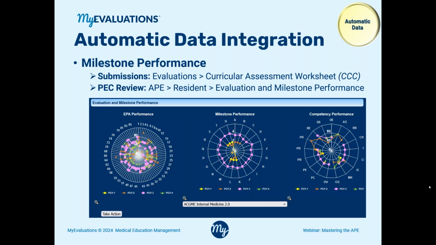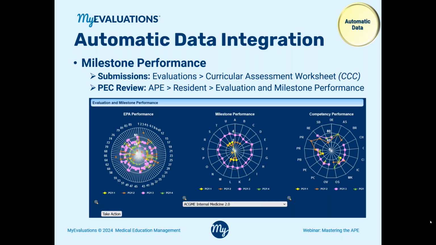For programs like family medicine, your sets of EPAs are also included, and we're also providing milestone performance tracking on that. So in the middle, where I've now selected ACGME internal medicine as the default, for family medicine programs, you'll have additional options to choose your family medicine related categories in there as well. And for family medicine, we're tracking the 24-25 requirements separate from 25-26, and then 26-27, where the final phase is, that's being tracked separately as well.